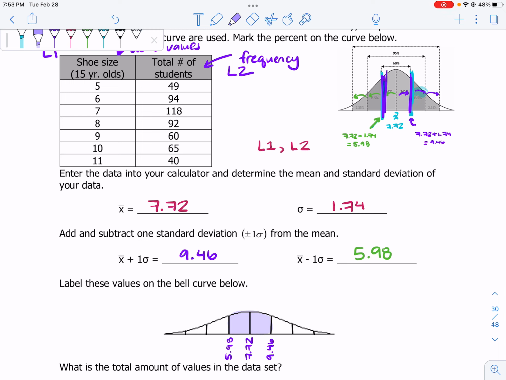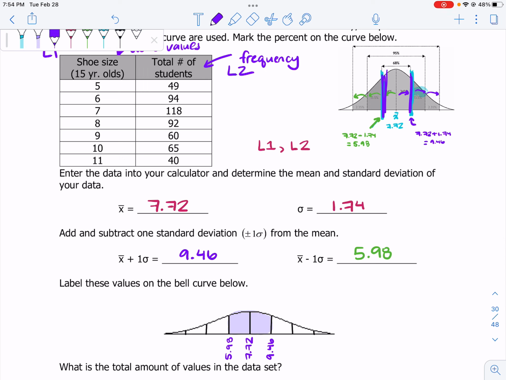First, to find the percent of something, we need to know the denominator. It's like if you wanted to know what percent you got on a test and you got a 16. You can't figure out your percent unless you know what the test was out of. If it was out of 16, great, you got 100%. If it's out of 32, you got a 50. So we need to know that total number.